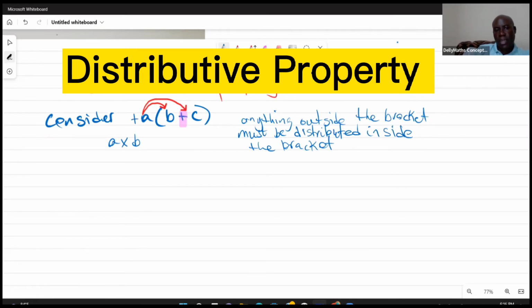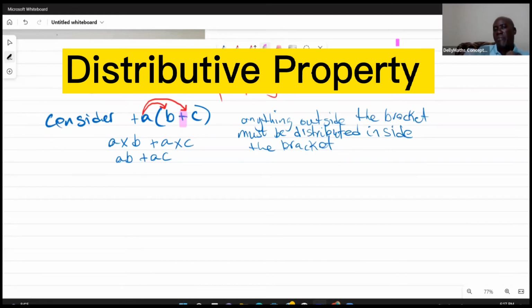So positive A times the B, then you can say positive A times the C. When A multiplied by B, you do get AB. And when A multiplied by C, you do get AC. So that is the law of distribution.